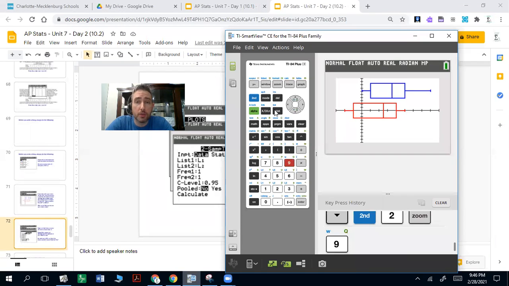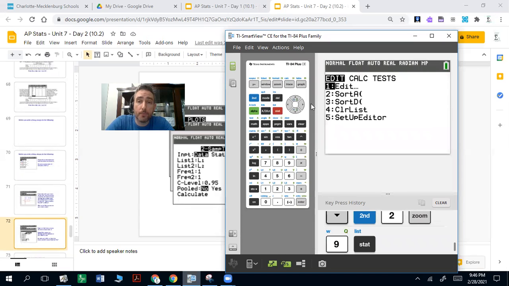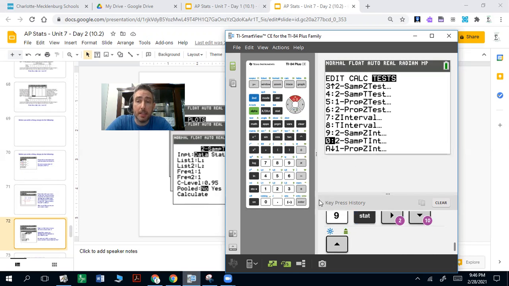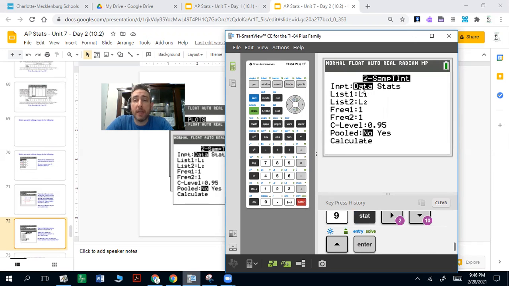Since you have your data in the calculator, you can go to stat tests, which is 0. You can go 0, 2 sample t intervals, 2 samp t int. And since your data is already in L1 and L2, and we want a 95% confidence interval, go down to calculate.